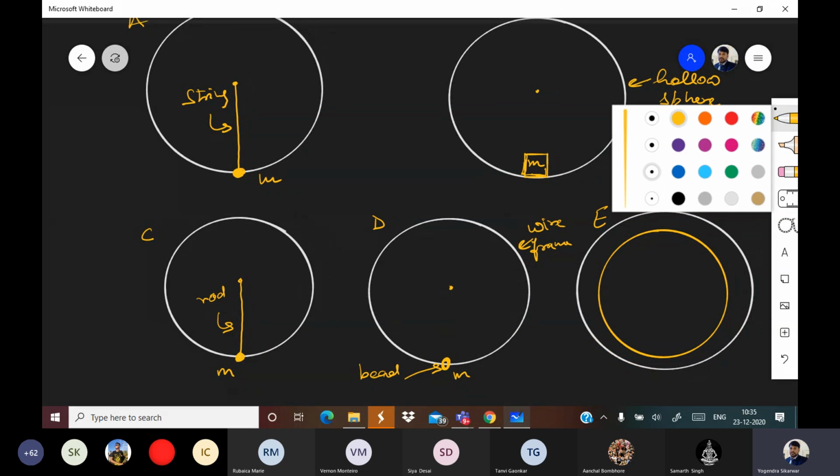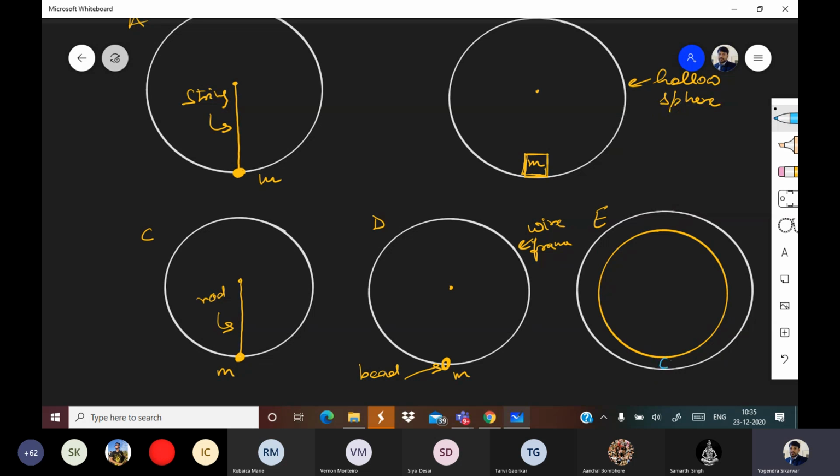Basically it's a pipe, in which a ball of mass M is there. So this is a pipe. All right, so please draw these 5 diagrams, all of you.